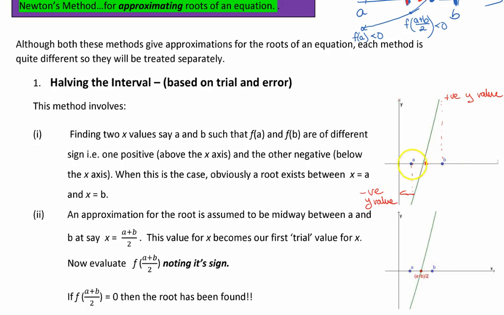What we then consider is the middle of the interval a to b. If right at the middle of your interval you sub that value, so if this was 2 and that was, let's make it 4, then right in the middle is 3.